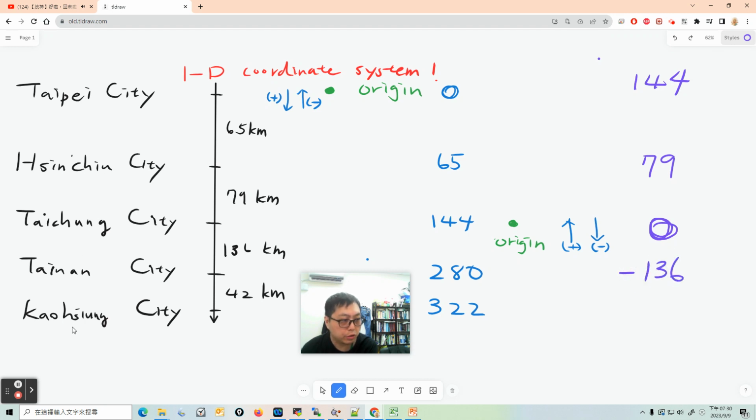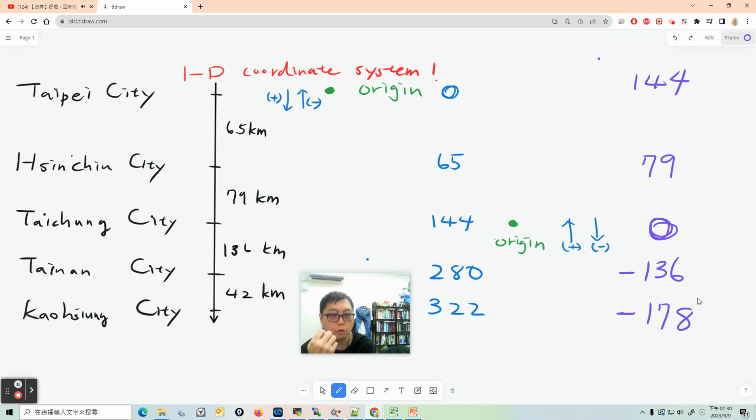And the position of Kaohsiung City, let me see, is minus 178. Is that right? Minus 178.